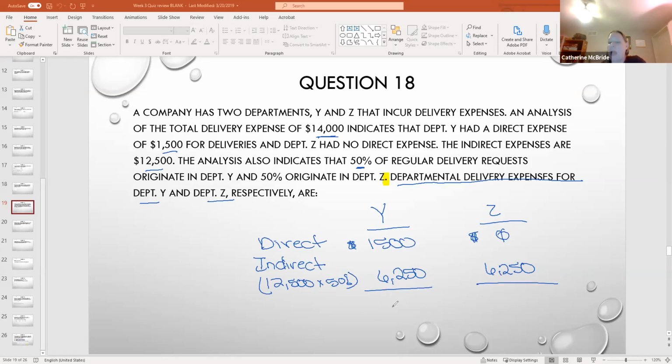So Department Y's delivery expense would be 7,750, and Department Z's delivery expense would be 6,250. See, there are some easy parts. The next one's easy.